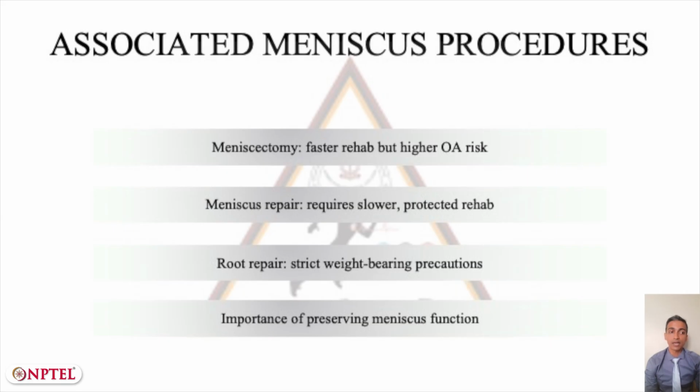Root repairs are even stricter, often with bracing and limited weight bearing for weeks. Knowing exactly what was done to the meniscus is essential before deciding on range of motion exercises and even functional exercises like partial or total weight bearing.